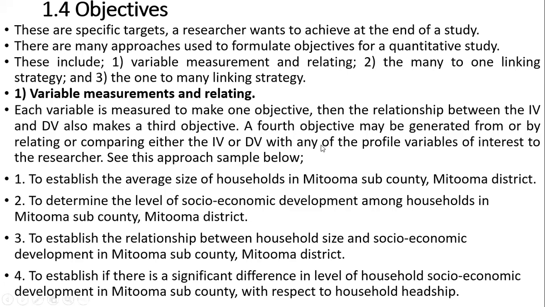Then the next objective should come from a relationship between the first variable and the second variable. We also said that a fourth objective may be created by relating or comparing either the IV or the DV with any of the profile variables of interest to the researcher. We have given an example here.